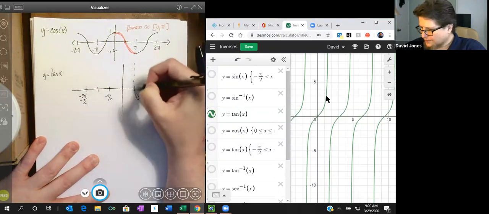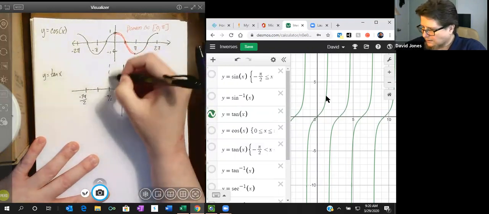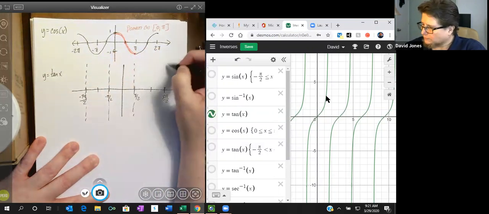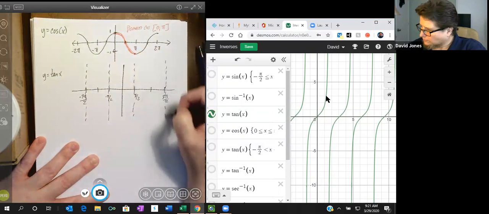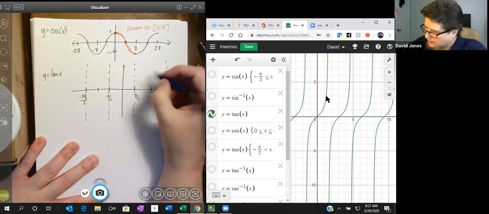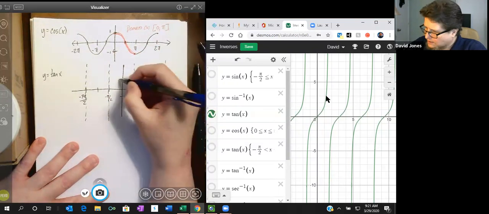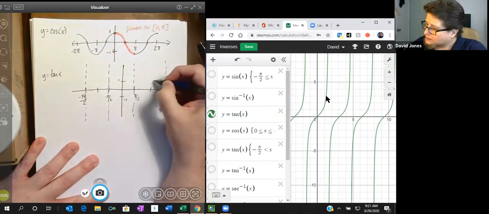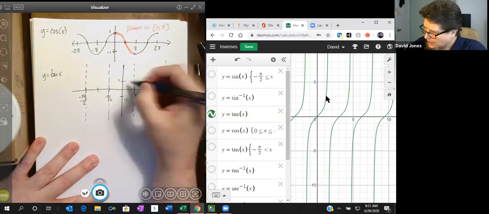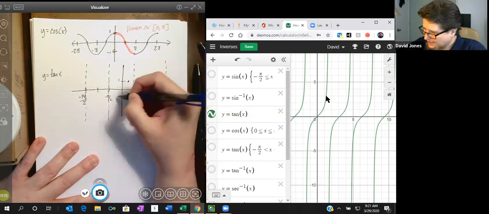We've got asymptotes. Made that kind of wide over there.